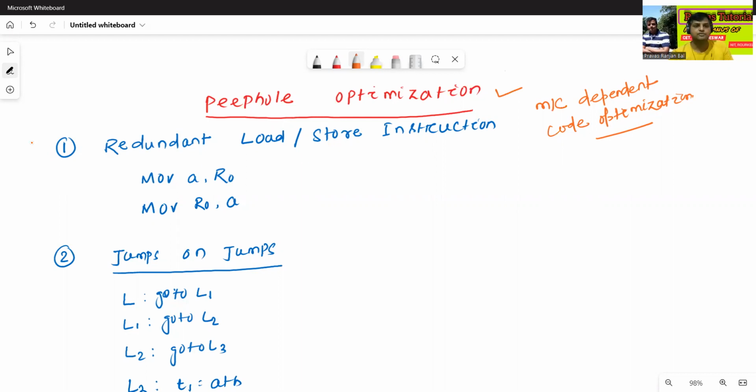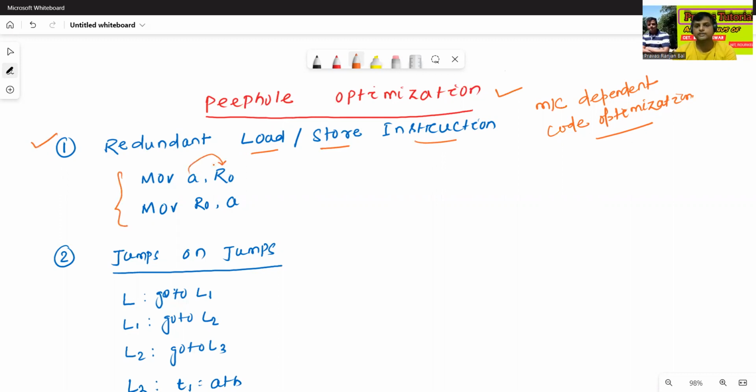So the first one is called redundant load or store instruction. The first peephole optimization is redundant load or store instruction. So what is the meaning? Say move A to R0.